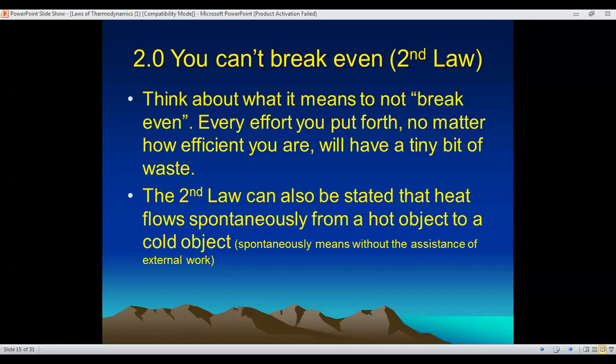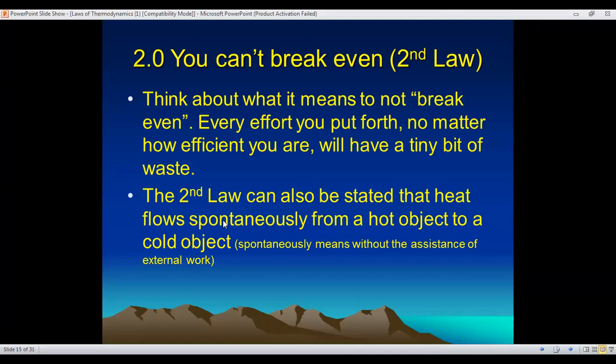That is the universal law. You can't break even. Okay, a tiny bit of wastage is there, meaning energy loss is there. When we apply some energy to do work, then some energy must be wasted. We can't utilize all the input, and we can't convert all of it to 100% work done.